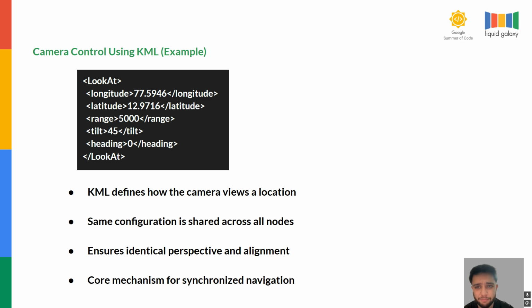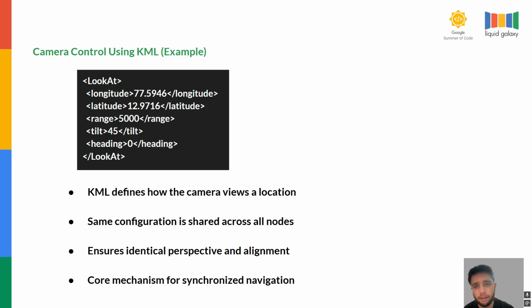The tilt specifies the angle of the camera, allowing a 3D perspective instead of a flat top-down view, and heading defines the direction the camera is facing, similar to a compass direction.